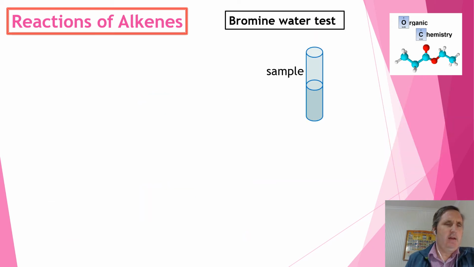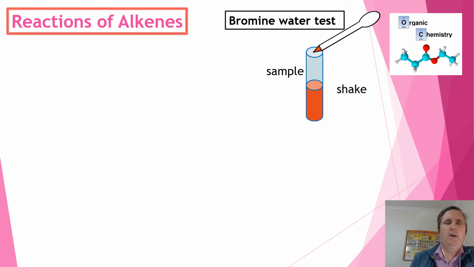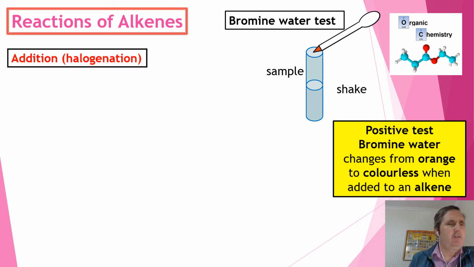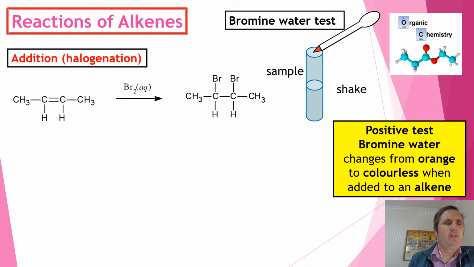Another one here is when we add bromine water. So this is an example of the test you might carry out to see whether you have an alkene or possibly an alkyne. You add bromine water to a sample, you shake, and it goes colorless. And what actually happens is a halogenation reaction. So remember, what we've got is an alkene.